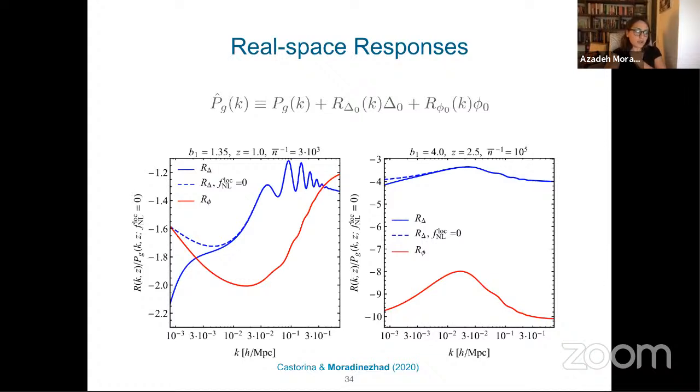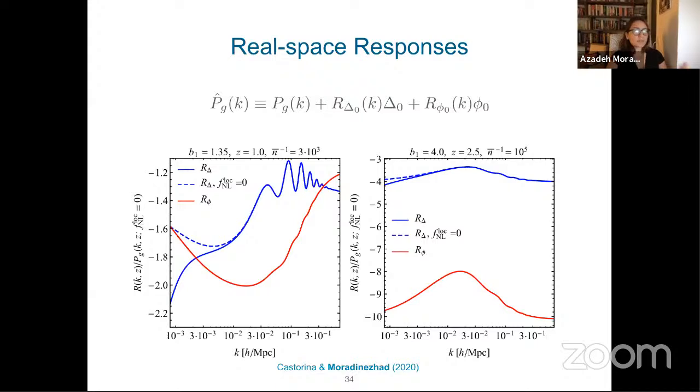Now, putting all these things together, you can look at the shape of the responses. On the left, we are showing the response functions for density and gravitational potential. These are in real space, so there is no response to tidal field. On the left, we are showing the response for a galaxy sample at low redshift, which would loosely relate to a sample of, let's say, emission line galaxies from DESI, while on the right, we are showing the response functions of a high redshift sample, which would correspond loosely to the quasar sample of DESI.